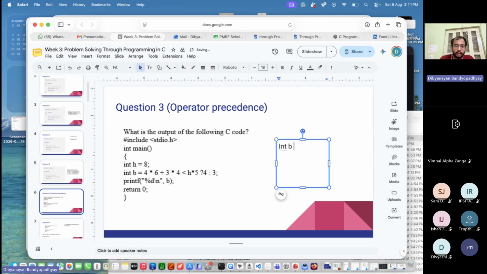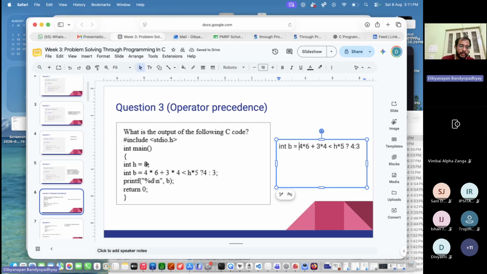So int b is equal to 4 into 6 plus 3 into 4, then it is basically h into 5 and 4, 3. Okay, so this is the line actually, and just replace the value of h with the assigned value to h, which is 8. Okay, so just do that here.